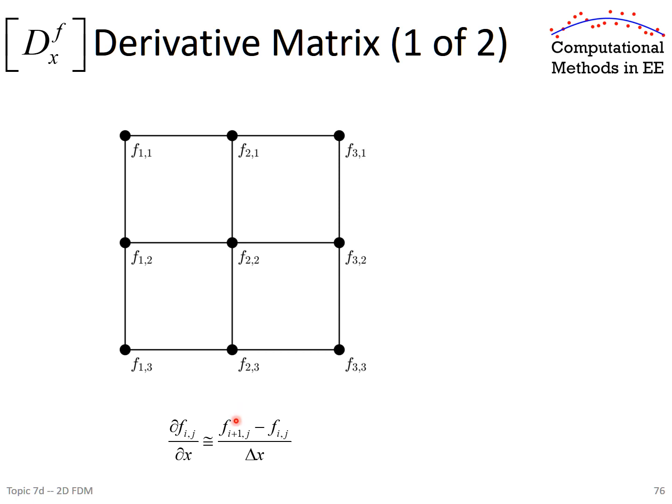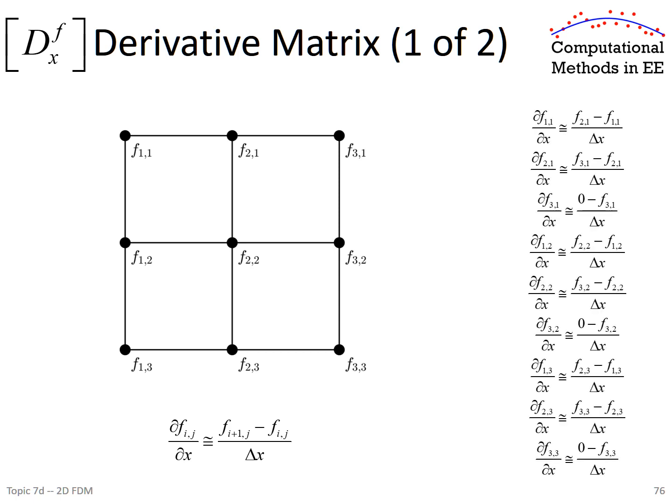But notice we have an I plus 1 minus an I. That's calculating the finite difference at the midpoint between these two values. So if we're looking at these 2 points, we're calculating our finite difference right here at the midpoint. And you'll see this conveyed when we go through these one at a time. So we take this finite difference equation, we write it for each of the 9 points in this grid, and we end up here. So let's look at these one at a time.